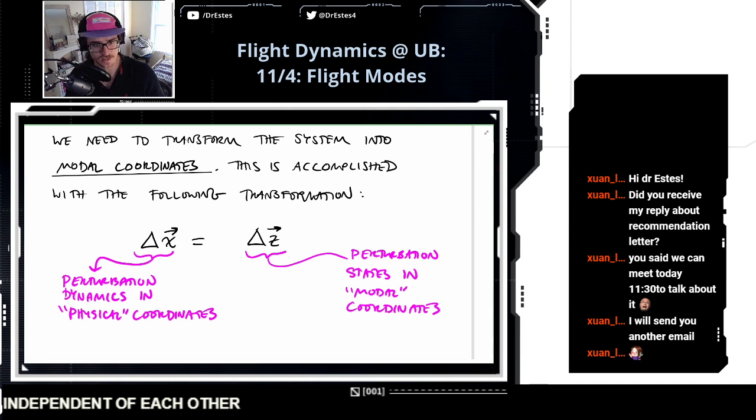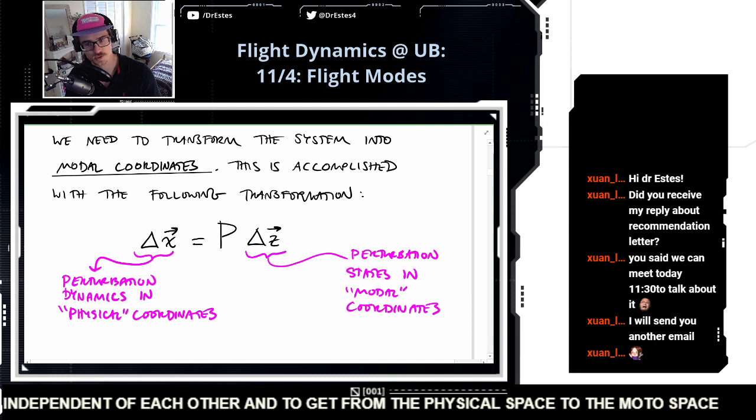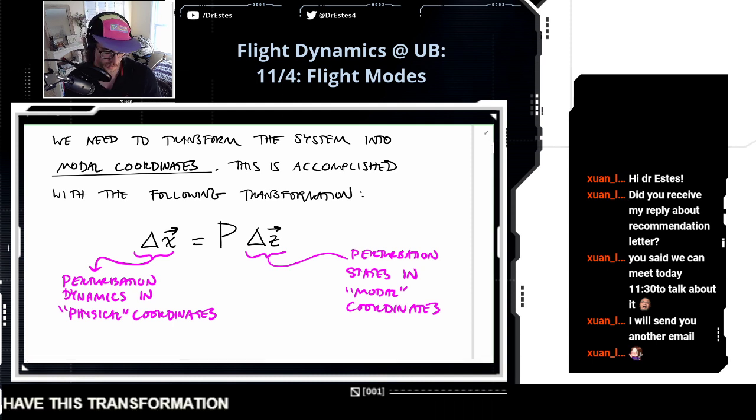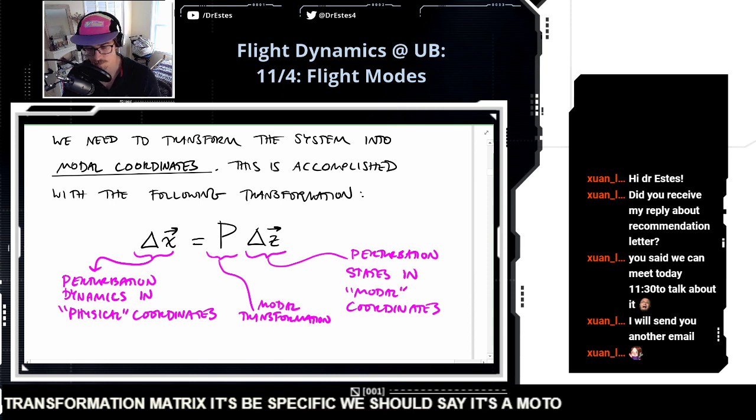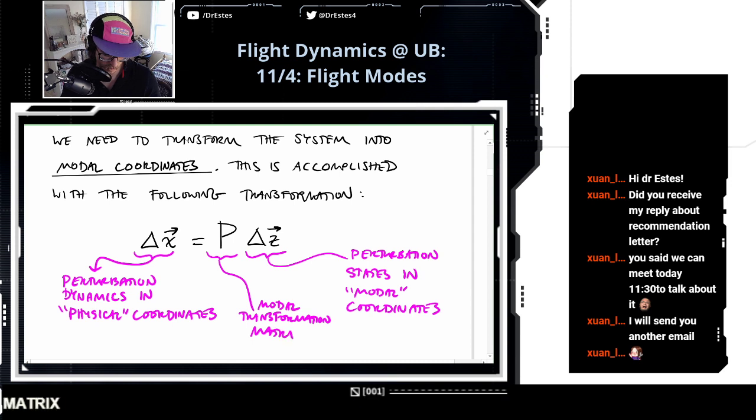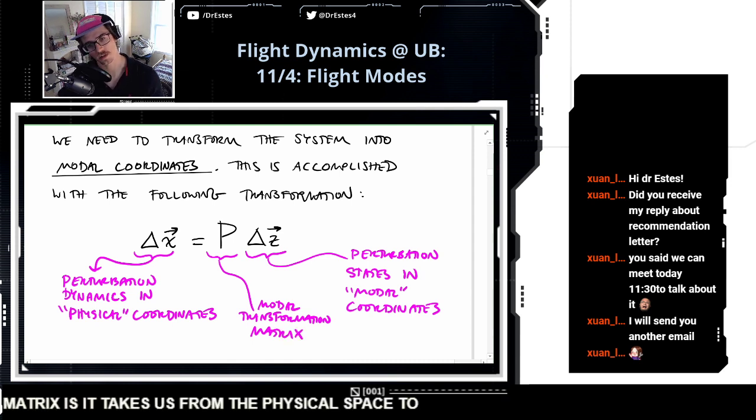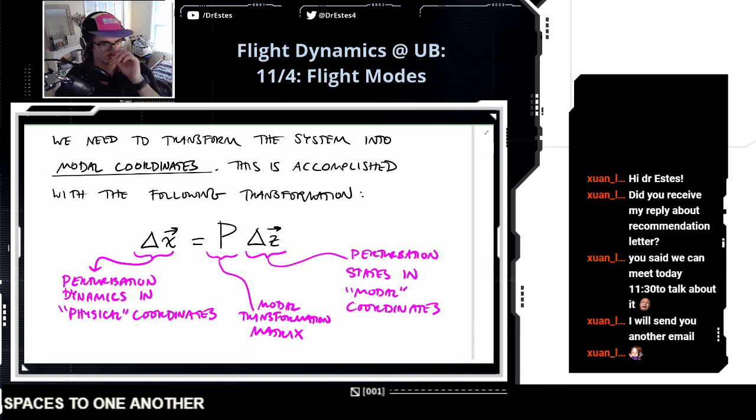And to get from the physical space to the modal space, we have this transformation matrix, P. It's not a rotation matrix, so we'll just call it a transformation matrix. To be specific, it's a modal transformation matrix, because it takes us from the physical space to the modal space. It relates those two spaces to one another.